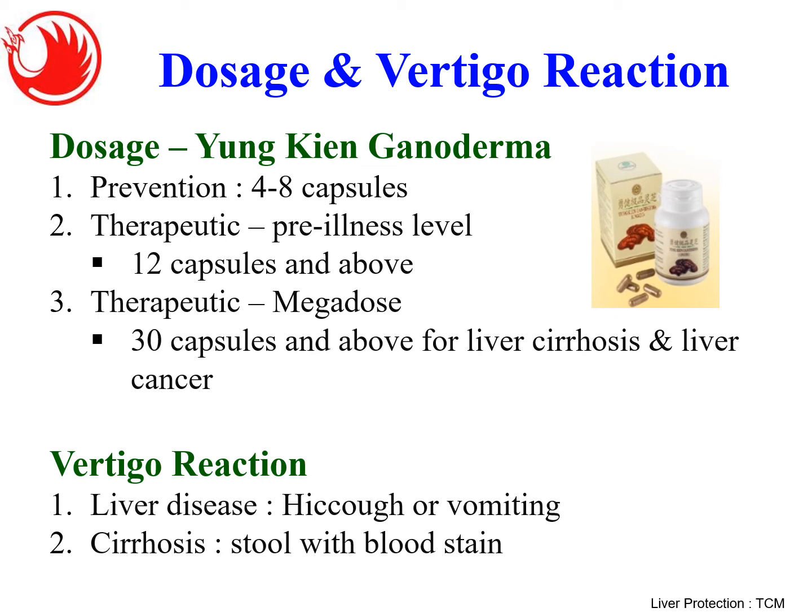These are some of the reactions that a person starting off with Ganoderma may face. As for cirrhosis, stool color may change and may come up with some blood stain. This is no sign of concern. It's just temporary. You just have to monitor.